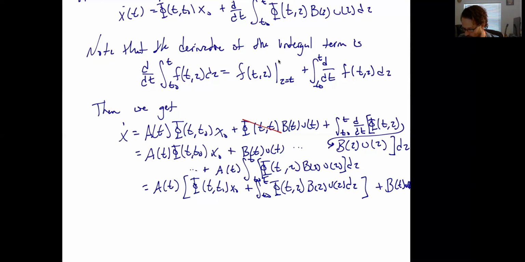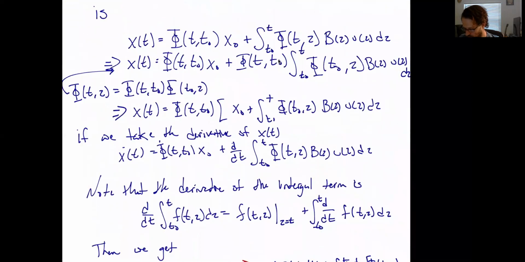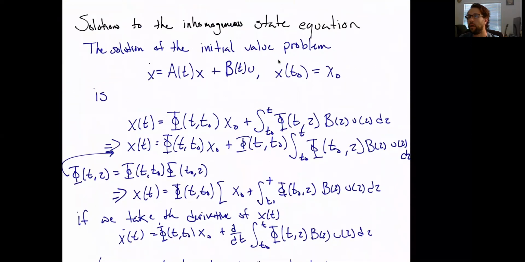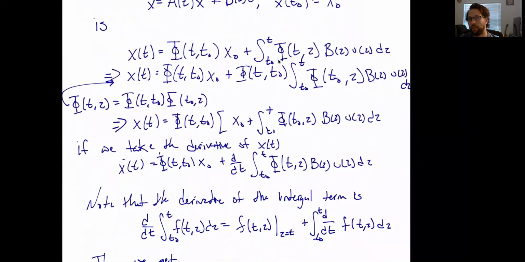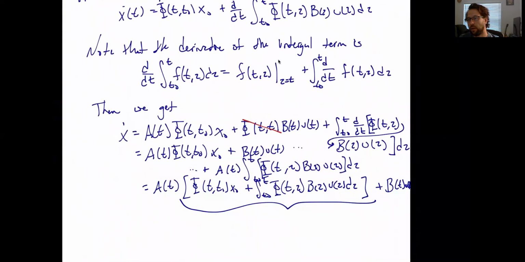What this quantity is right here, we just saw. If we go back up to the top, this is our assumed choice of the solution. So this quantity is actually just x of t.